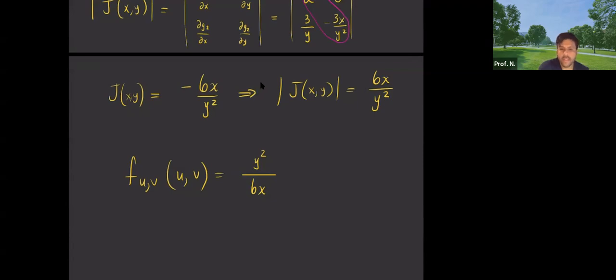The issue here is that we have an expression in terms of x and y, but we want u and v. That's right. So what am I supposed to do?